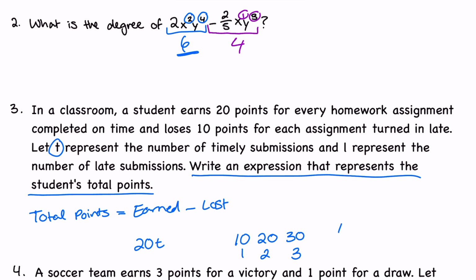So we can write that as 10 times L, since L is the number of assignments turned in late. So that means a student's total points is going to be 20T for 20 points times the number of timely submissions minus 10L for subtracting 10 points for every late assignment turned in. Let's move on to the next question.